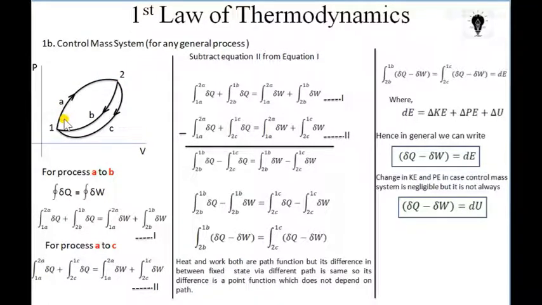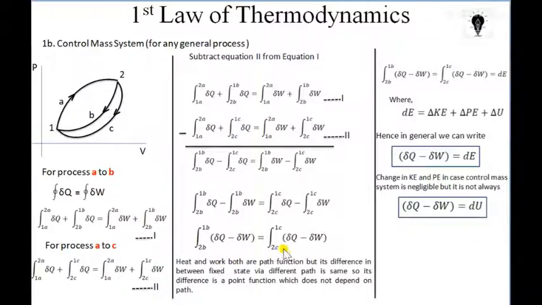What I say is, the subtraction of heat interaction and work interaction during any path drawn between those common states 1 and 2 will be the same, even though the paths are different. Then also the subtraction of two path functions will be the same.